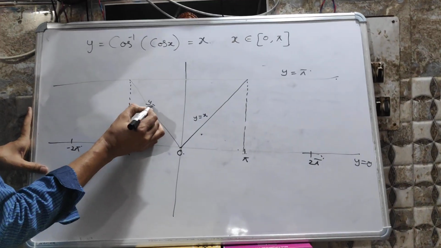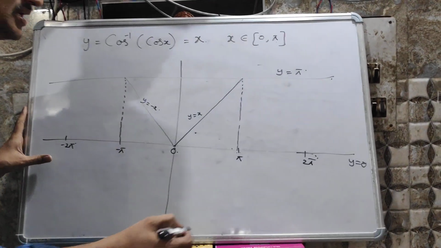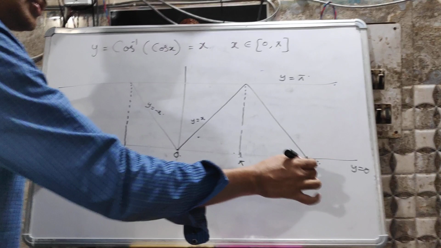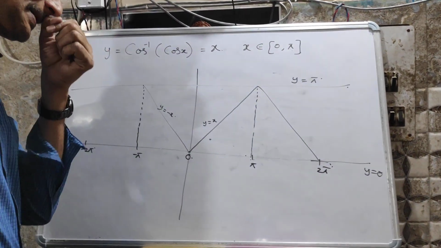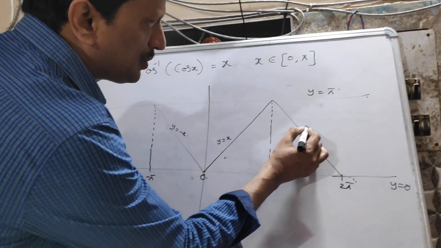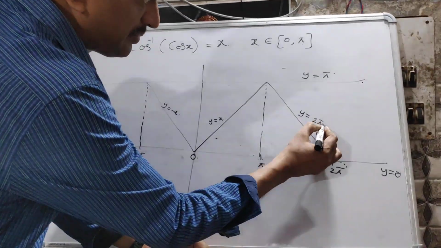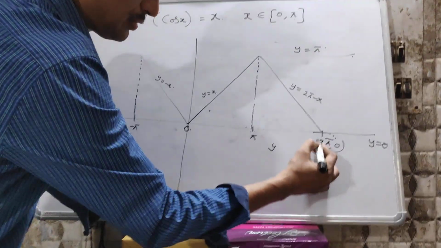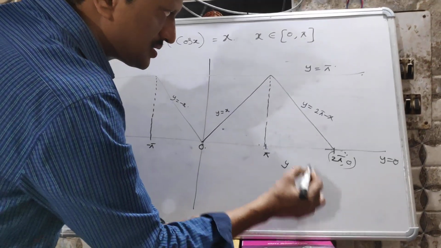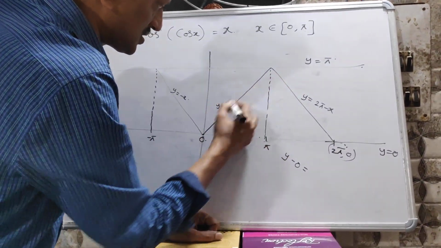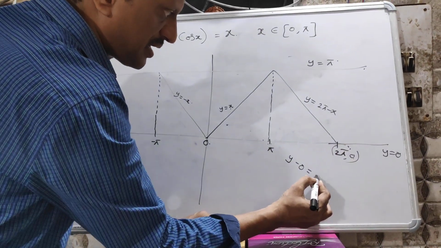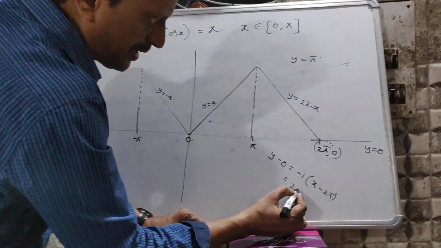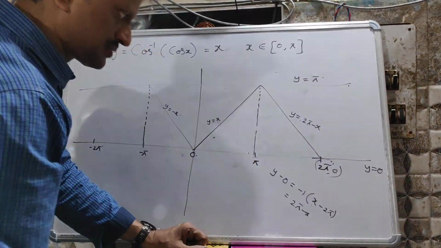So this is y equal to minus x, and next this one is passing through 2 pi, and it is perpendicular to this one. Its value is y equal to 2 pi minus x. How this came, I will tell you using coordinate geometry. This is passing through (2 pi, 0), y minus y1 equals slope times x minus x1. It is perpendicular to this, whose slope is plus 1, so its slope is minus 1, times x minus 2 pi. So y equal to 2 pi minus x comes. This way you got this value.